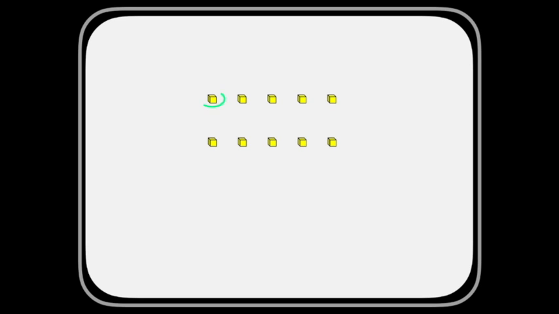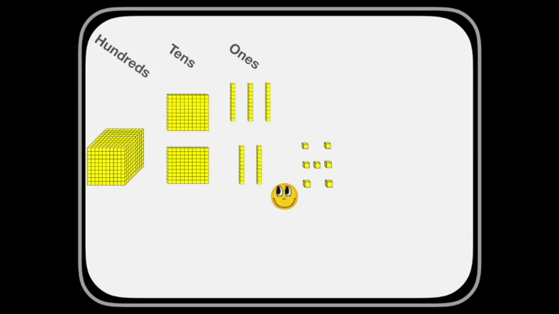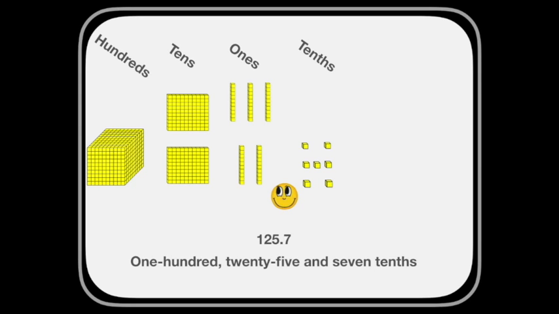One of these parts is 1/10 of the whole. That means every one of these pieces is 1/10 of the whole. And when I have 10 of them, I can put them back together to make the whole. So now I know that these are tenths, and the number represented here is 125 and 7/10.